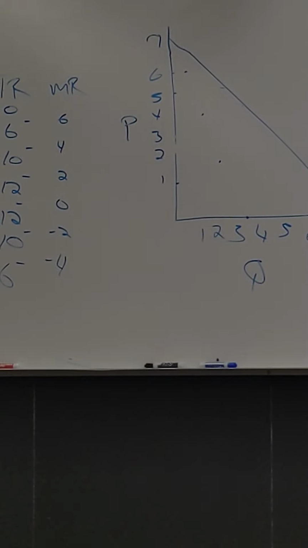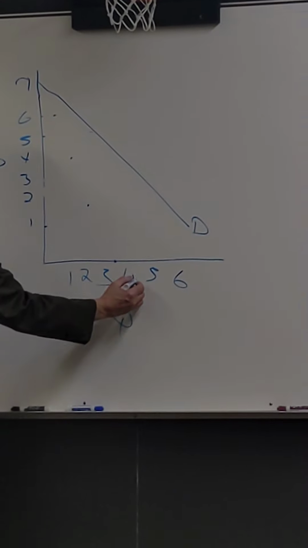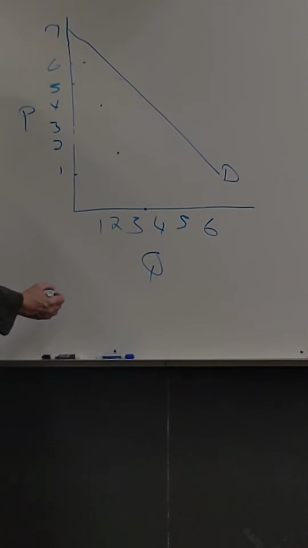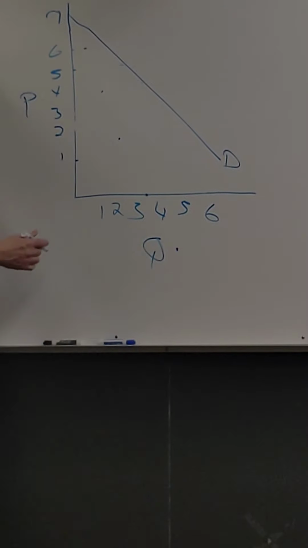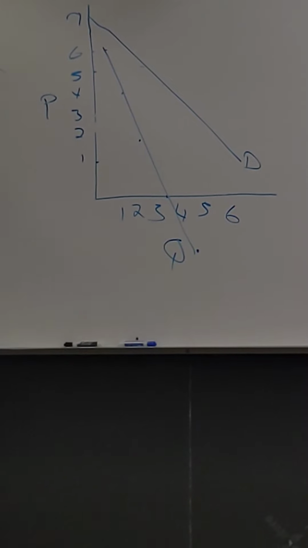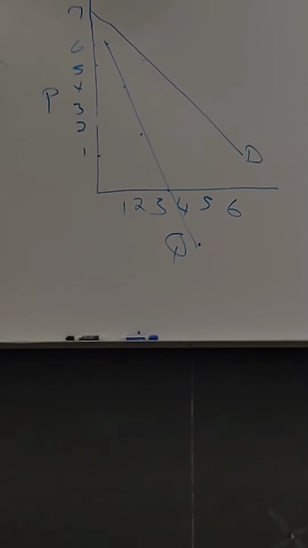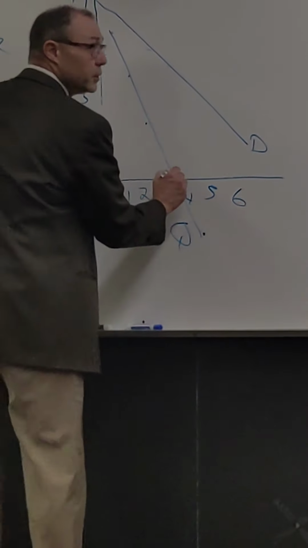Now, when we move from 4 to 5, what do we have? We have a -2. I haven't drawn this right. Look at what we have. I'm going to do something here.